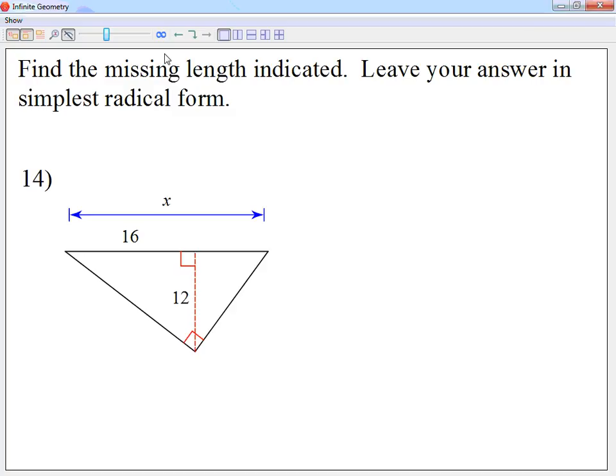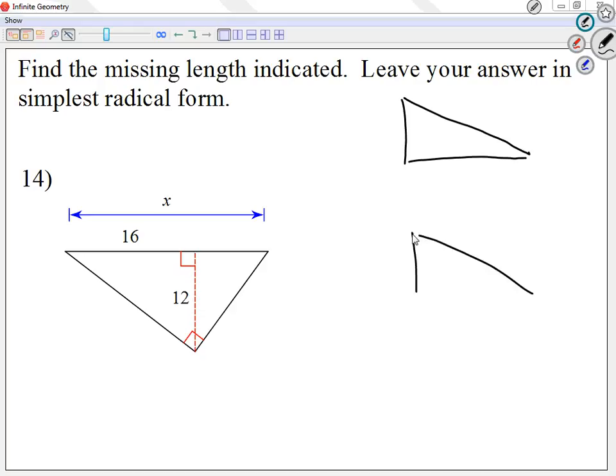Let me start by drawing my 3 triangles. So I know I have a little one, a medium one, and a large one. And for this part right here, I'm going to call this x minus 16. This little part right here.